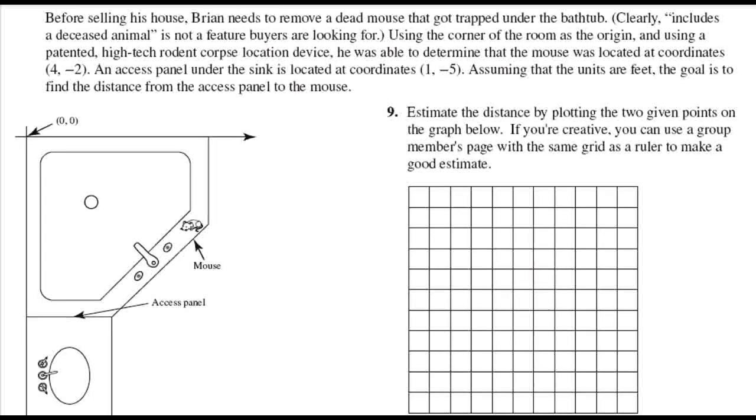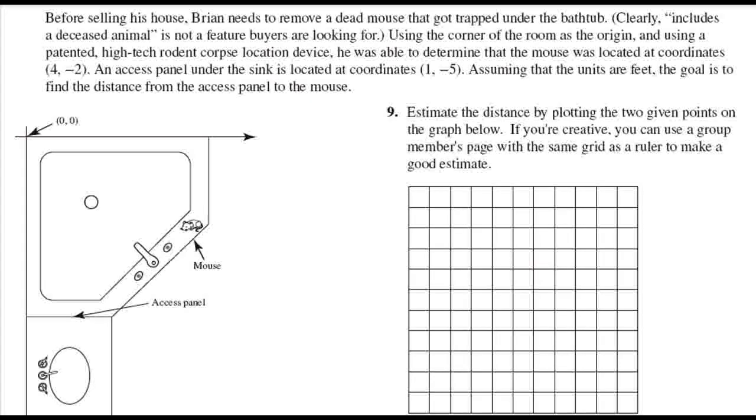An access panel under the sink is located at coordinates 1 and -5. Assuming that the units are feet, the goal is to find the distance from the access panel to the mouse.